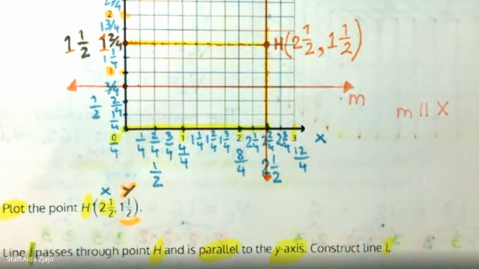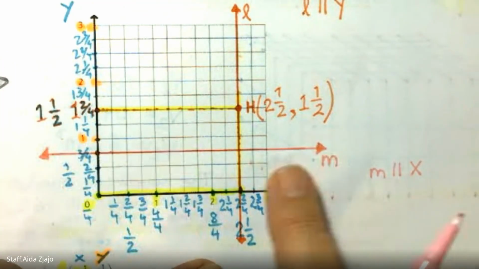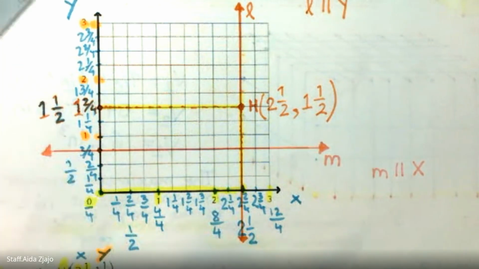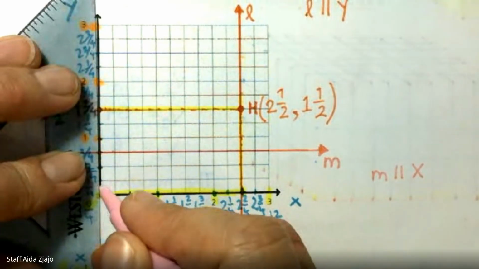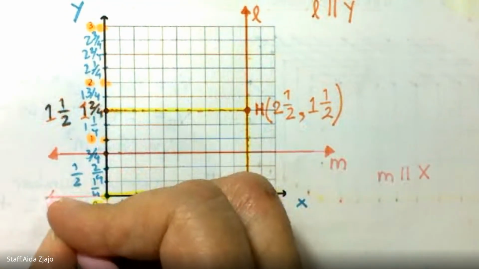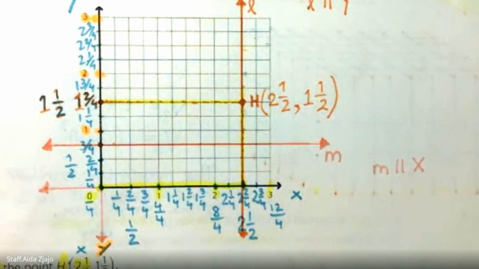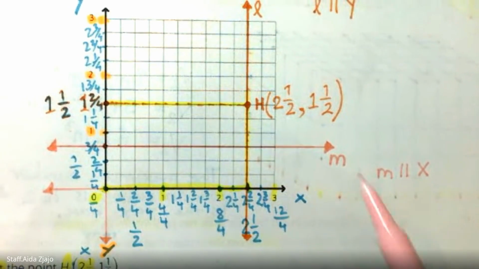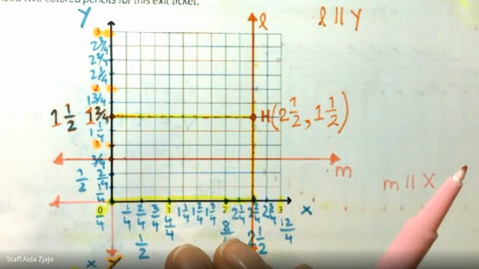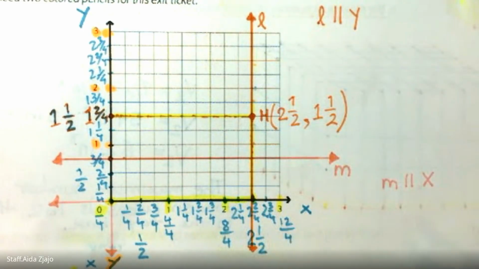What can we also say when we look at L and M? It's the same as Y and X. If I extend my Y and extend my X, they will be perpendicular. So additional information you can learn is that the x-axis and y-axis are perpendicular, and in this case also M and L are perpendicular.